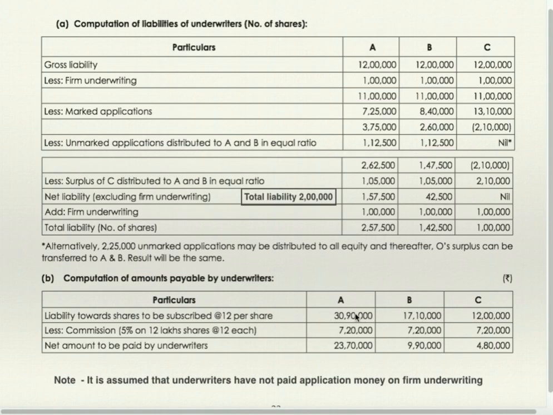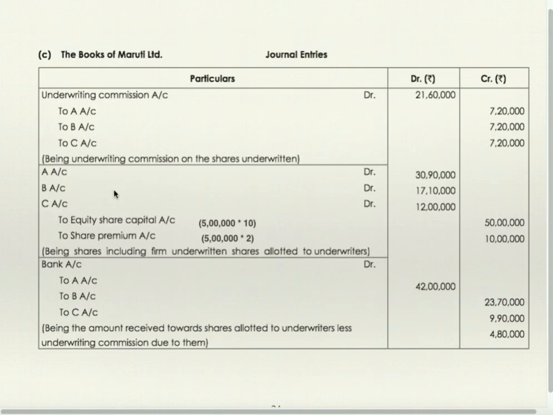This was due from underwriters. This is due to underwriters as commission. This is the net amount to be paid by underwriters, assuming that they have not paid application money on firm underwriting.